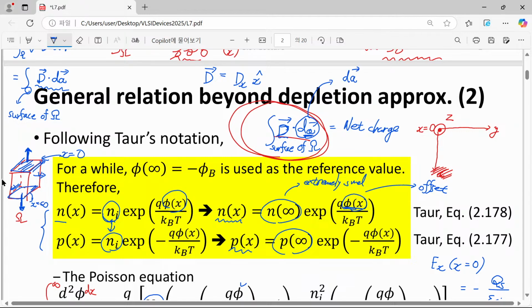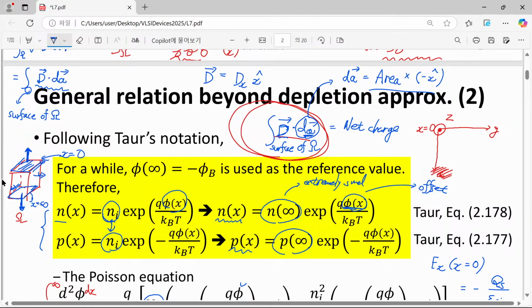Our dA can be safely written in this way: area times minus x. Are you with me? The direction is minus x, and the area is just the area of our system, Ly times Lz. So this is the result.